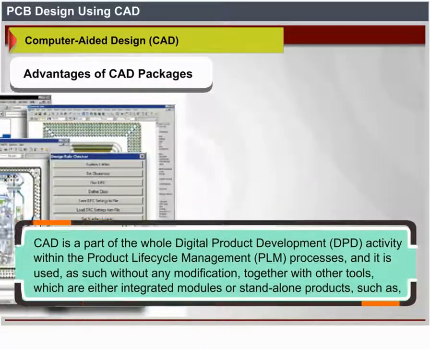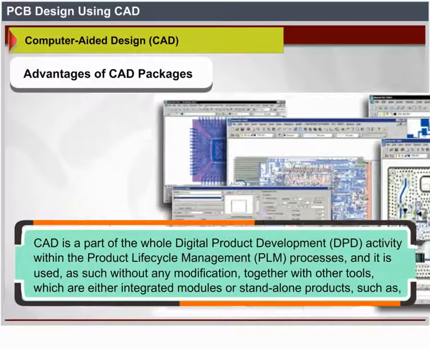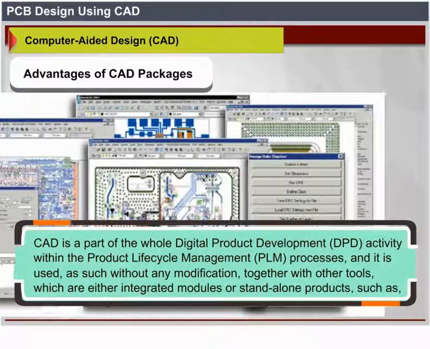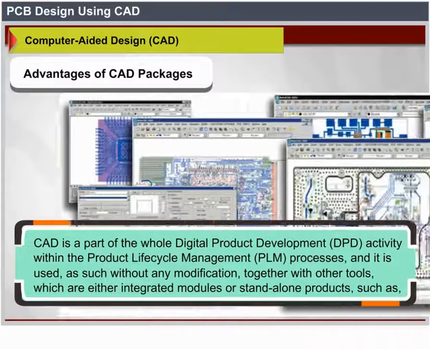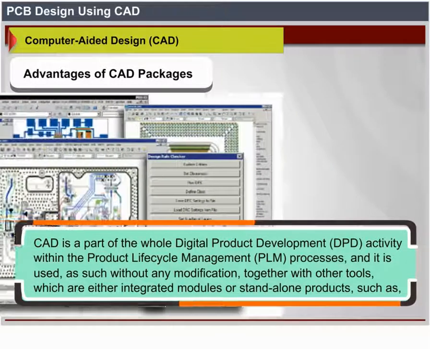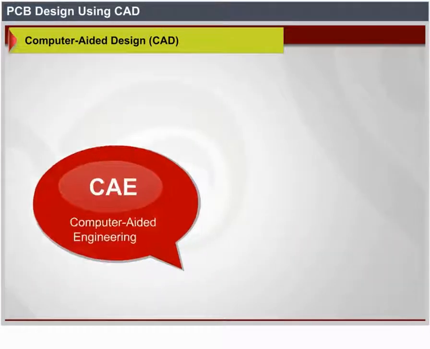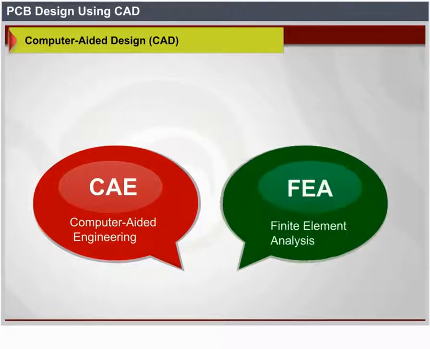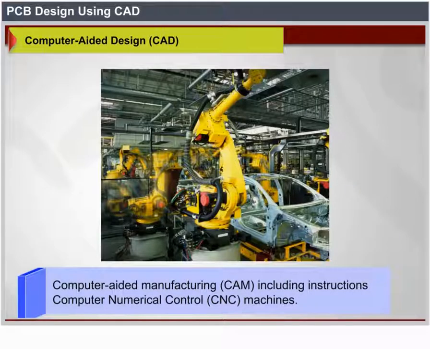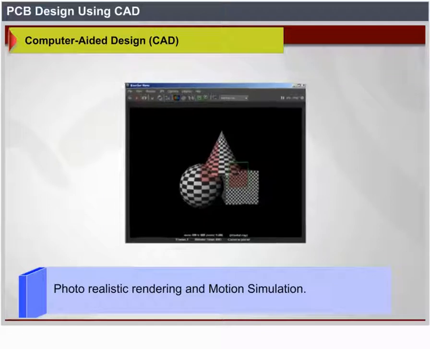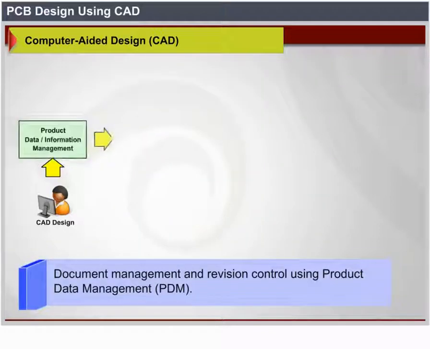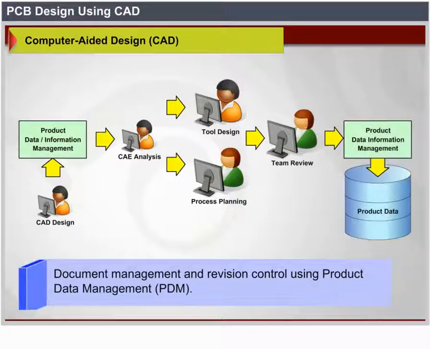CAD is one part of the whole digital product development (DPD) activity within the product lifecycle management (PLM) process, and as such is used together with other tools which are either integrated modules or standalone products, such as Computer-Aided Engineering (CAE) and Finite Element Analysis (FEA), Computer-Aided Manufacturing (CAM), including instructions to computer numerical control (CNC) machines, photorealistic rendering and motion simulation, document management and revision control using product data management (PDM).